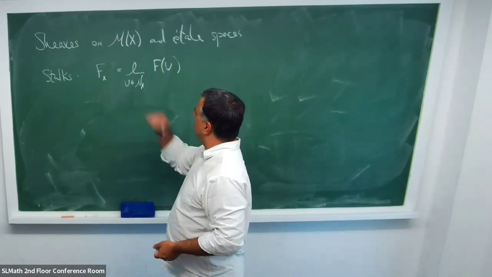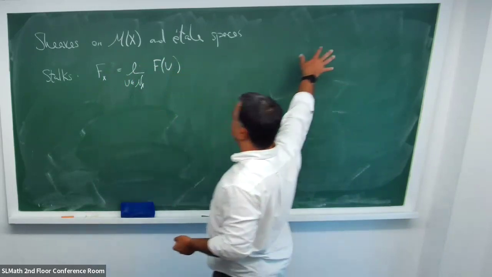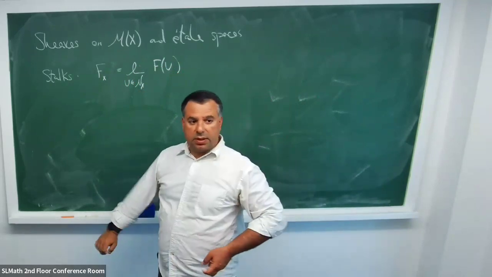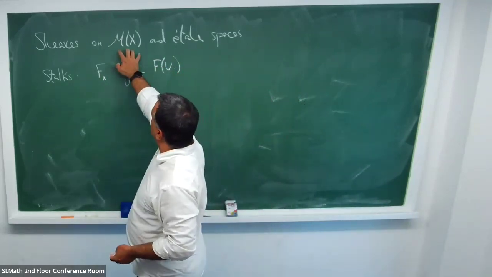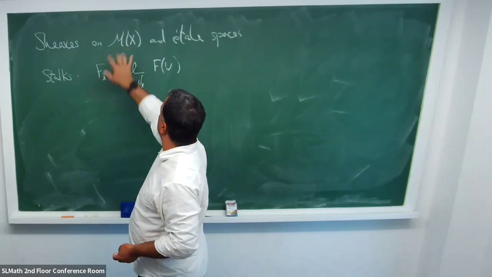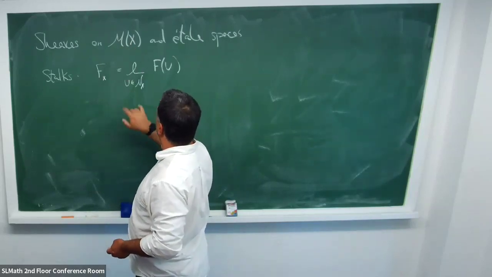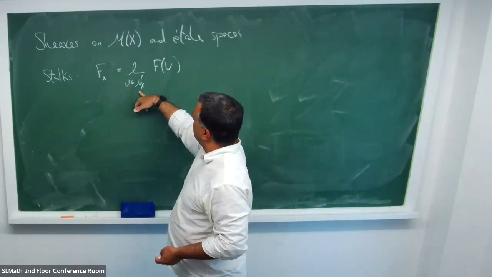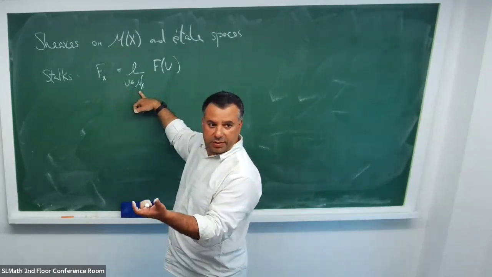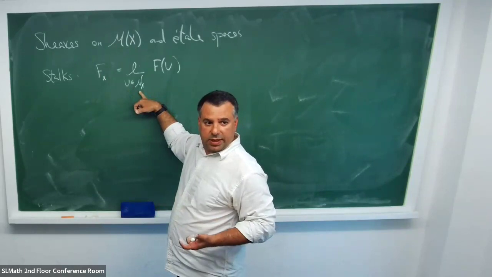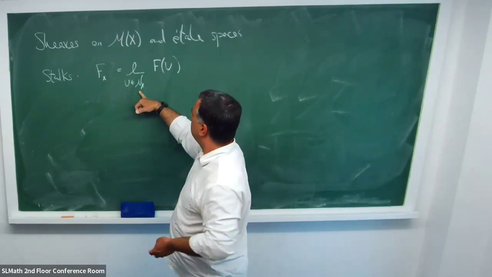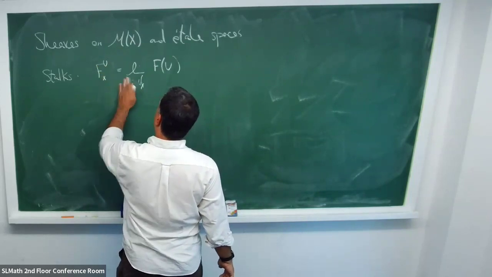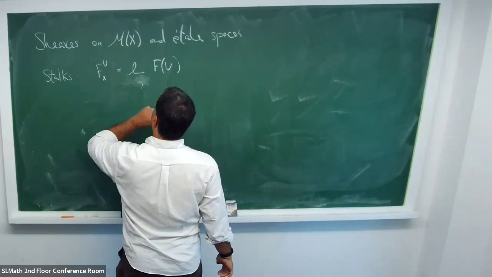But there's a problem now, again, related to this issue of the changing interiors. So in M of X, I have a whole bunch of spaces, subspaces of X. The neighborhood of X now depends on which subspace I'm taking as my base. And so instead of just having one stalk, I have a stalk for every space in here.